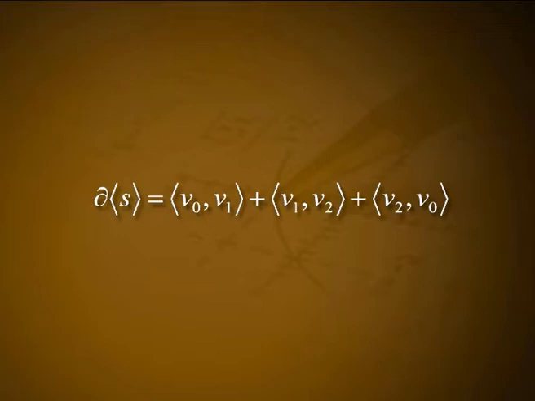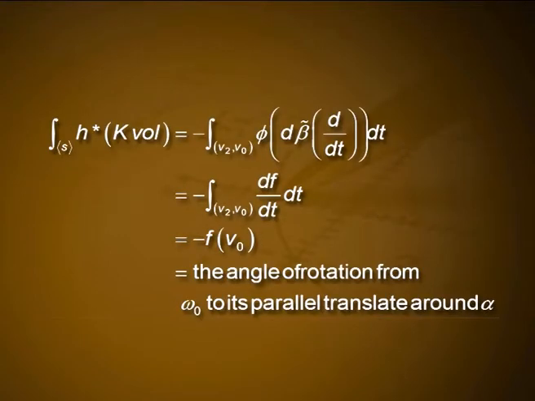Thus, since ∂S is equal to v0v1 plus v1v2 plus v2v0, the integral over S of h*k volume is equal to minus the integral over v2v0 of φ(dβ̃/dt) dt, which is equal to minus the integral over v2v0 of (df/dt) dt, which is equal to minus f(v0), which is equal to the angle of rotation from ω0 to its parallel translate around α.